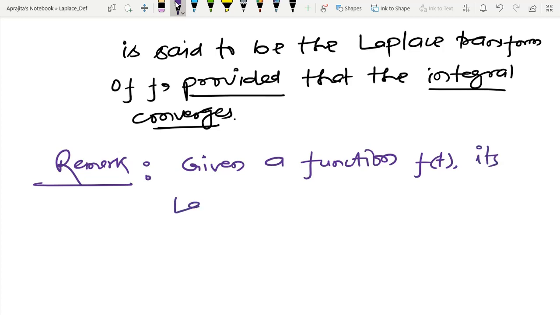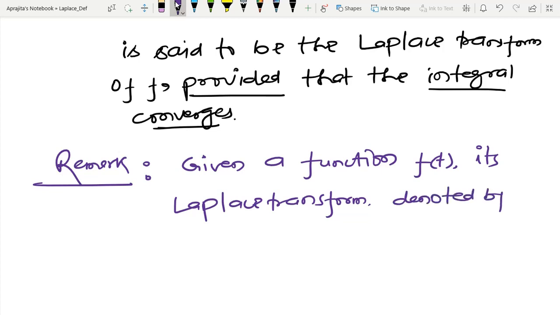its Laplace transform, and I am going to denote the Laplace transform by F(s), and you have already seen the motivation, because I am going to hold the function s.